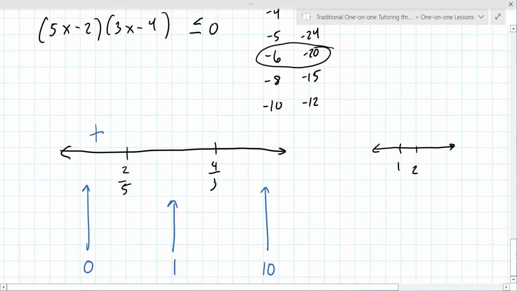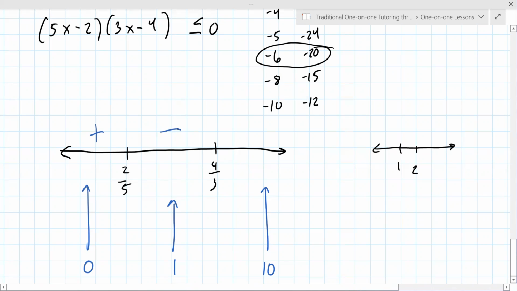So that's positive. And then we said 1 for the middle. So that would be 3 times -1, which is negative.